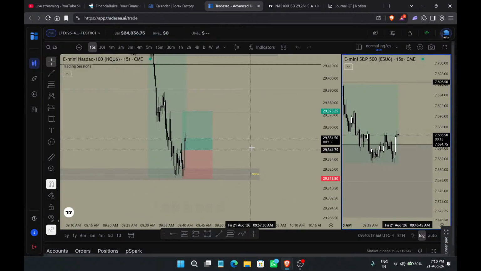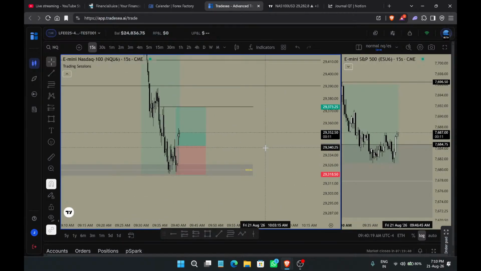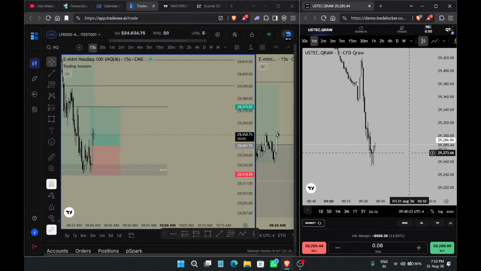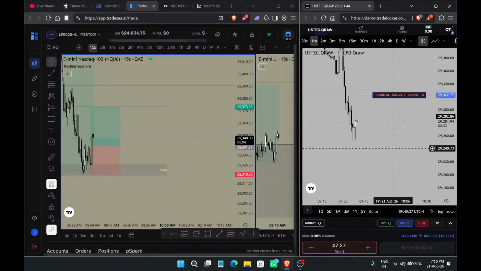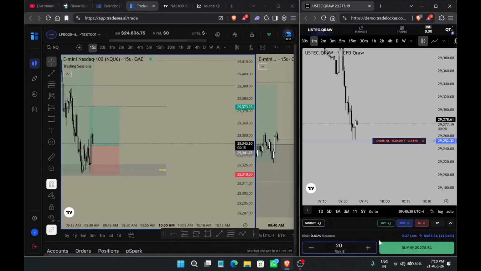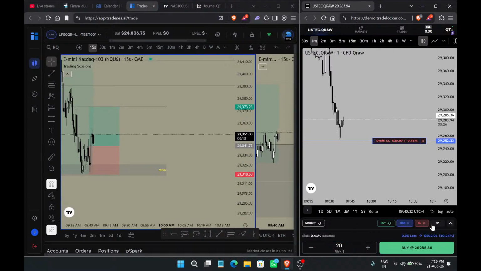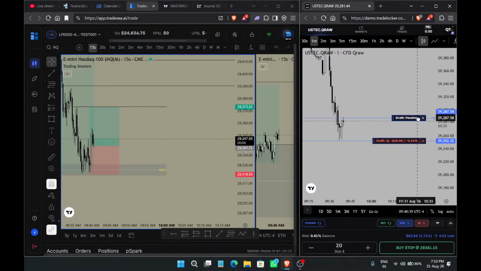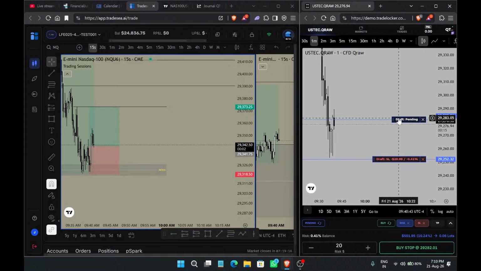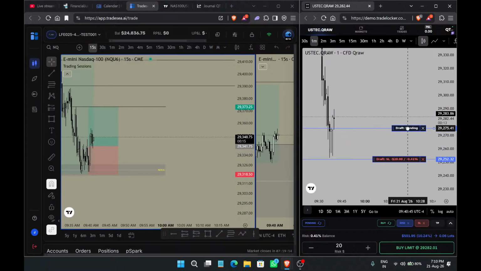You have SMTs also. I will just place a limit. I will risk 24 straight. I want a pending order. Buy. I could buy from there.